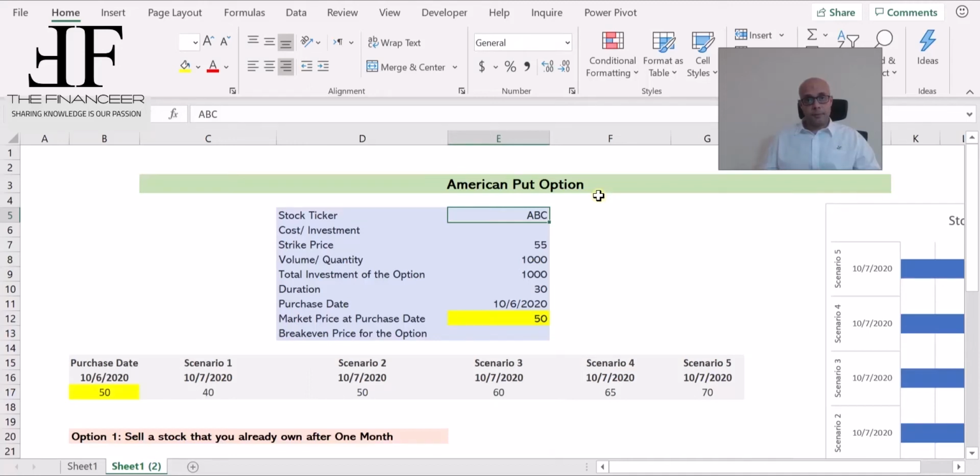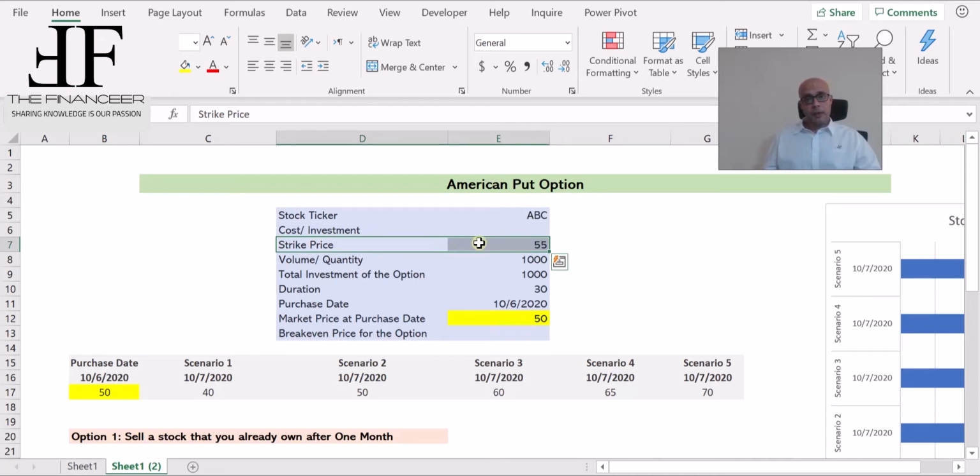Now let's take an example. Assume that you signed a put option contract and the stock included in this put option contract is for a company called ABC. Assume also that you agreed on a strike price for this stock of $55.